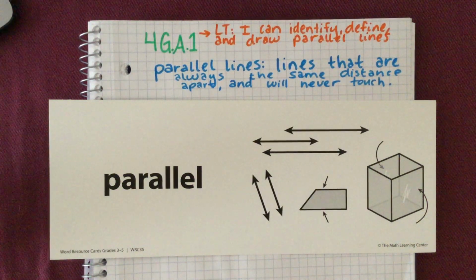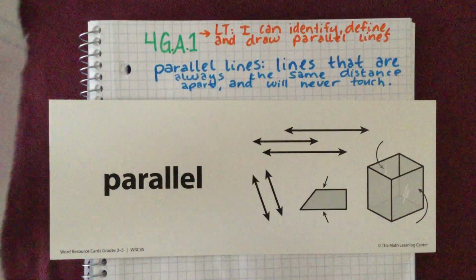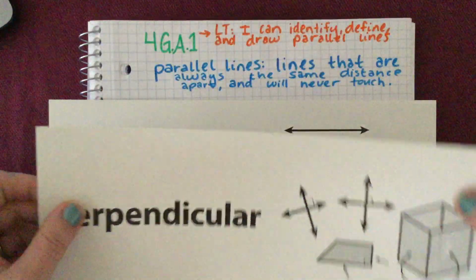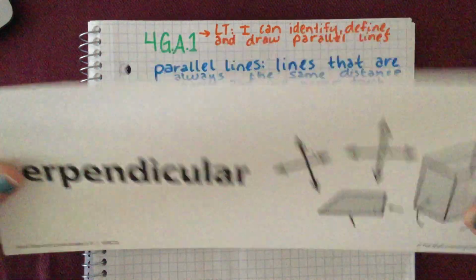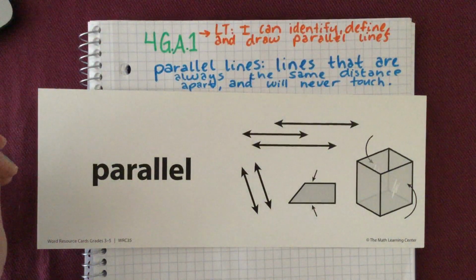So this is completely different than our work with perpendicular lines, because remember, perpendicular lines always touch. They meet at a right angle. But these parallel lines will never touch.